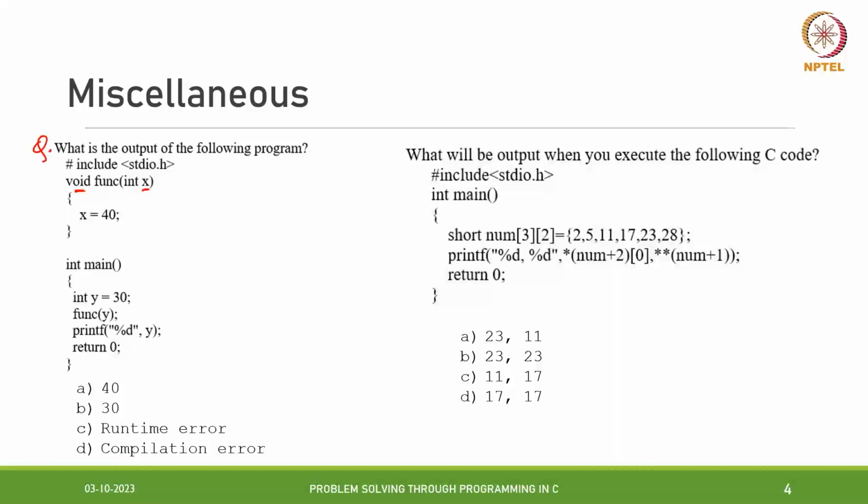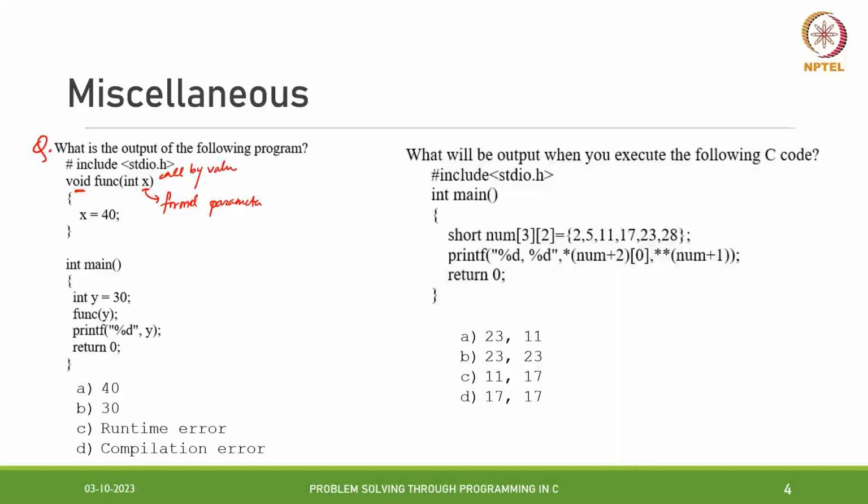Yes, why do you think that 30 will be the output? Right. So this x that we have is a formal parameter, and here we are doing a call by value.